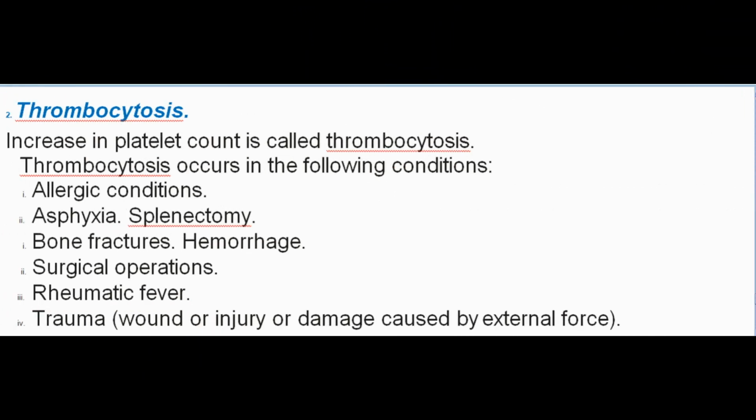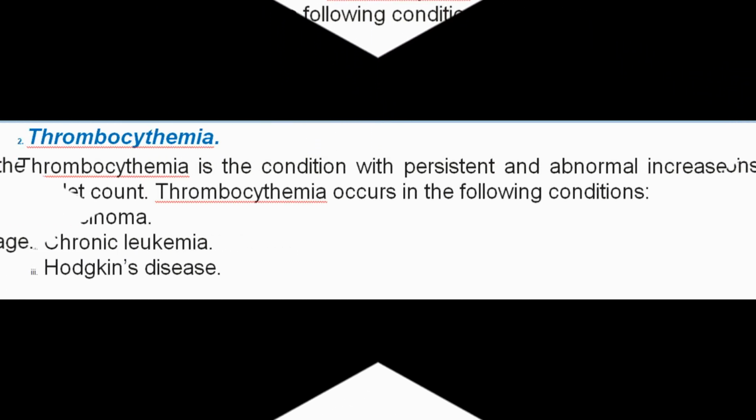Thrombocytosis. Increase in platelet count is called thrombocytosis. Thrombocytosis occurs in the following conditions: allergic conditions, asphyxia, splenectomy, bone fractures, hemorrhage, surgical operations, rheumatic fever, trauma, wound or injury or damage caused by external force.